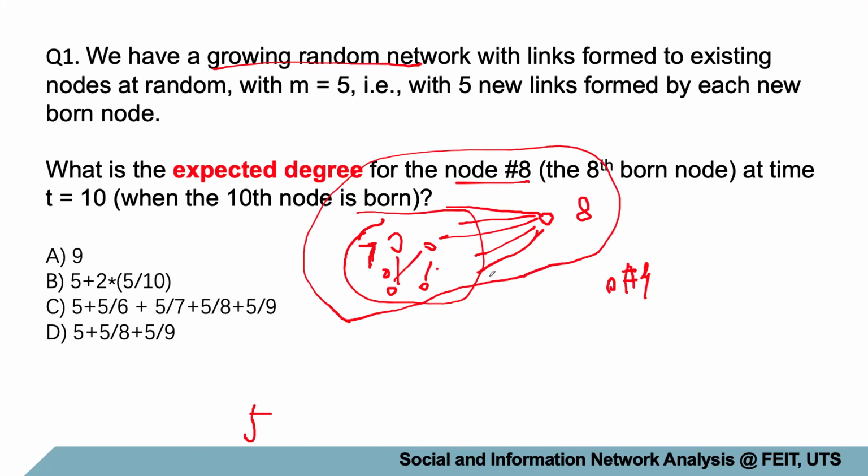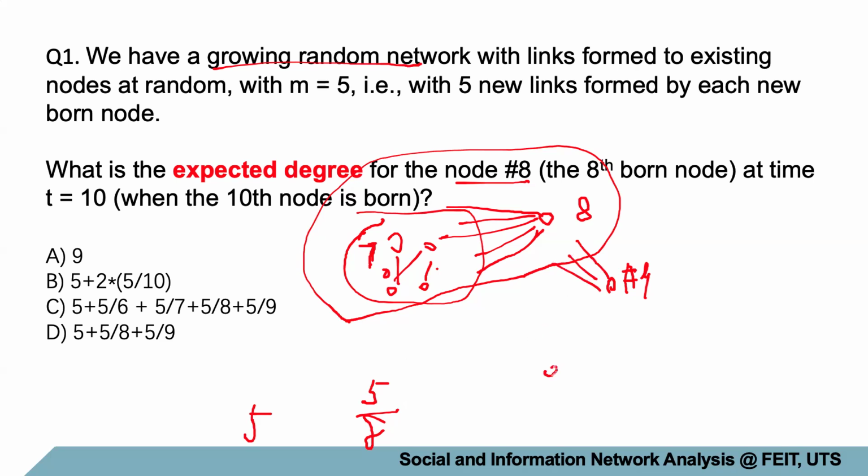So the chance of selecting vertex 8 is 1 of 8, but there will be 5 edges. So the expected degree gained by adding vertex 9 is 5 of 8.